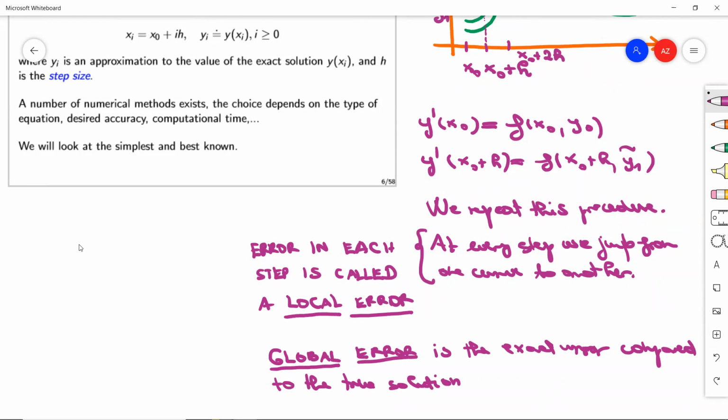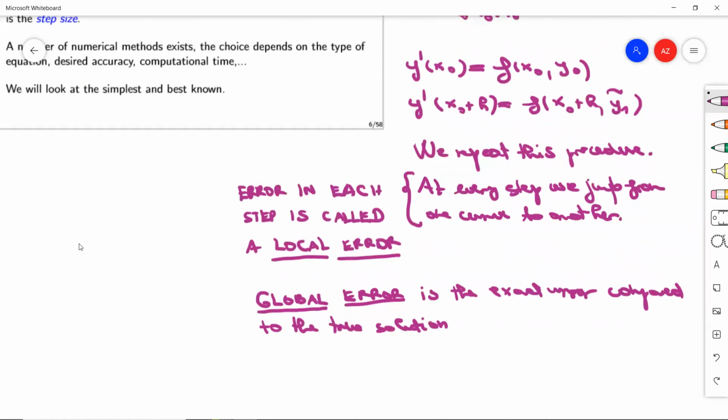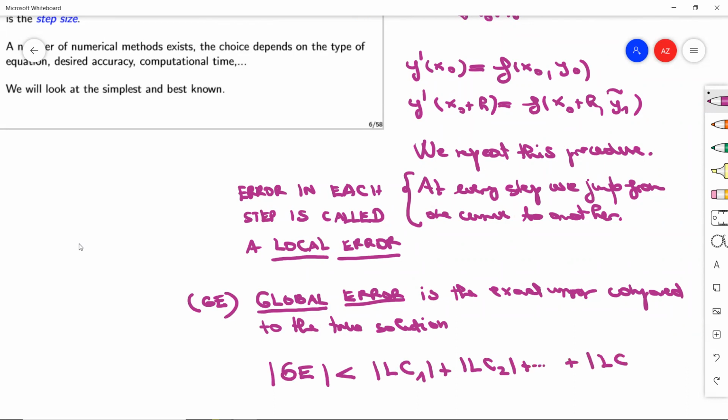So global error is usually bounded above by the sum of the absolute values of local errors. So global error, I will write it as GE. So GE is approximately, so it's bounded above by the local error in the first step plus the local error in the second step, and so on. It's the sum of all local errors.